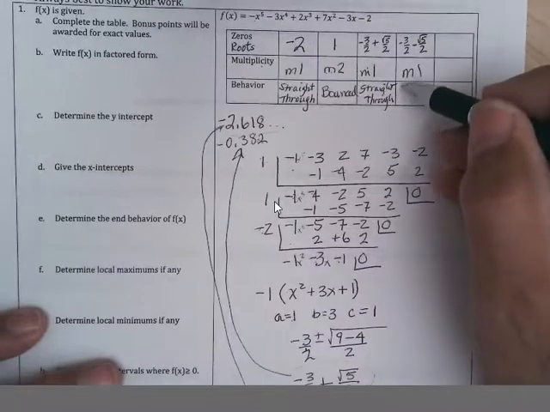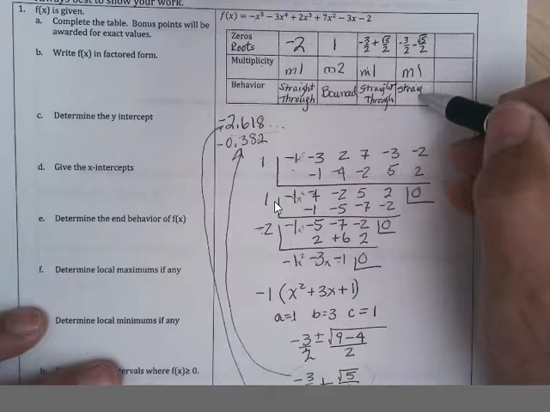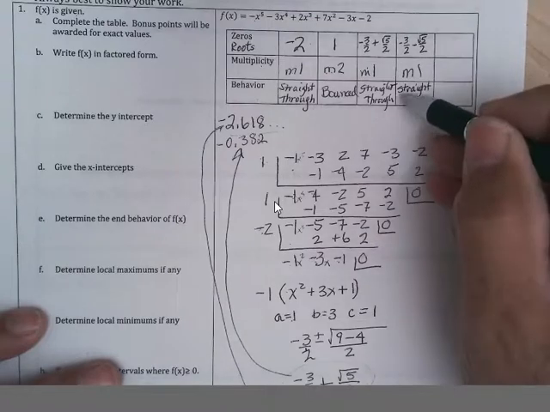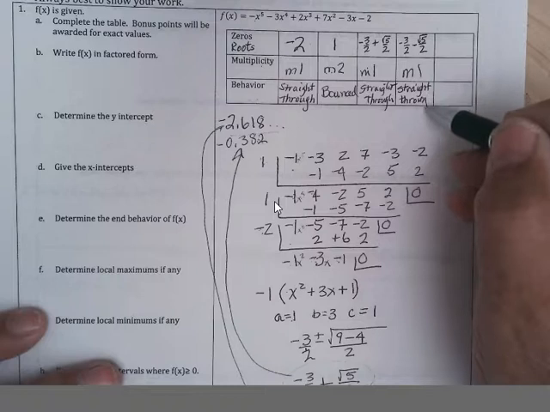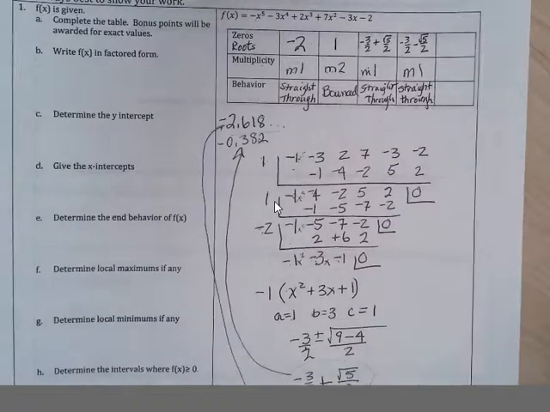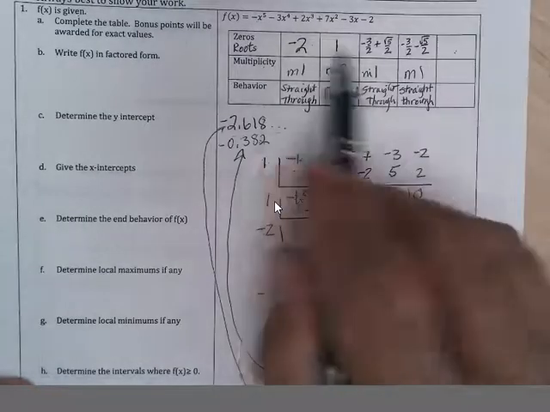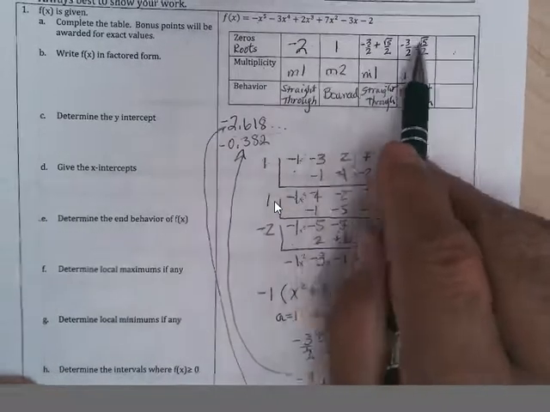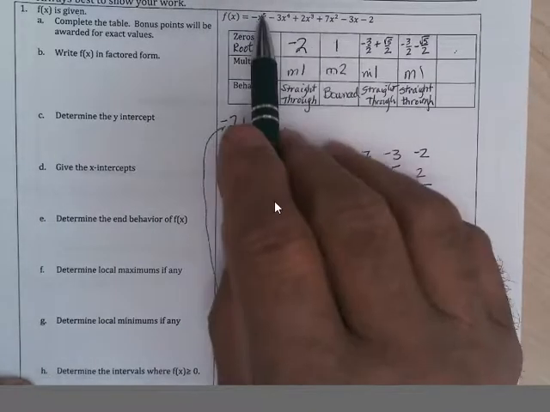Multiplicity 1 because it went straight through the x-axis on the graph. And there wasn't any more zeros. There's 1, 2, 3, 4. And this one's a double, 5. There's all 5.